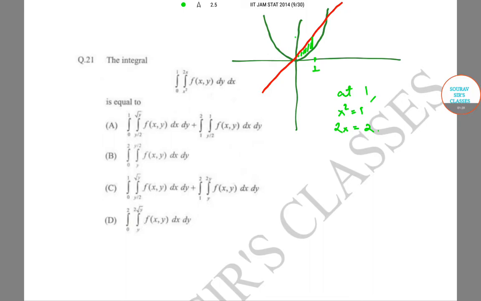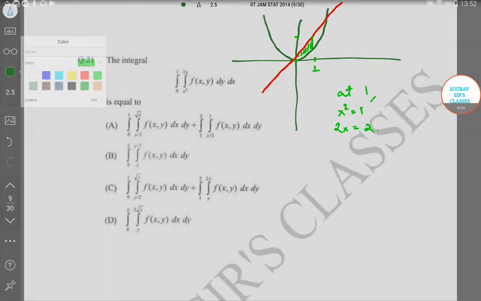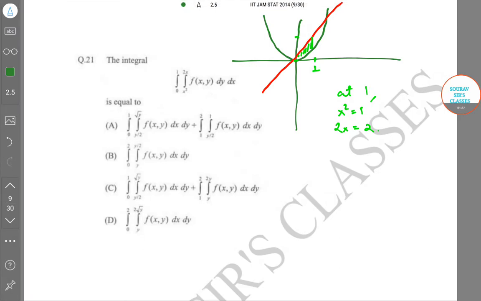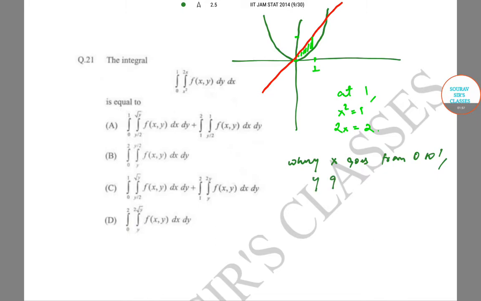What if we want to revert it? My claim is that, alright, before claiming, I would just like to motivate this and try to find out how I got into it. So when x goes from 0 to 1, y goes from x square to 2x.